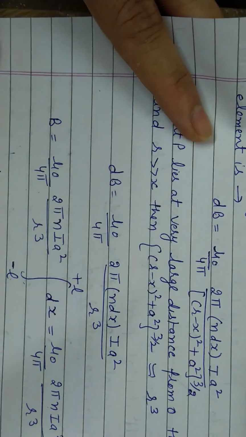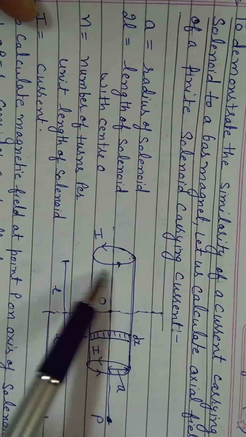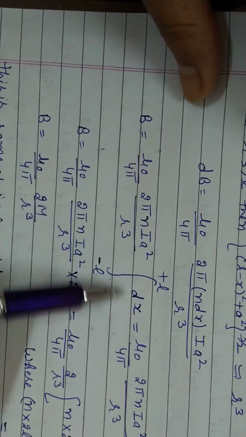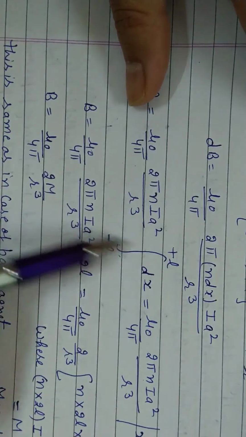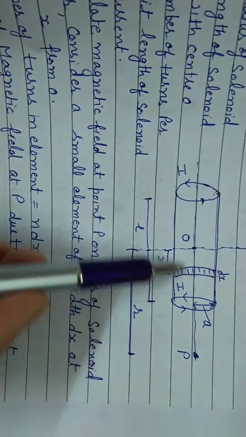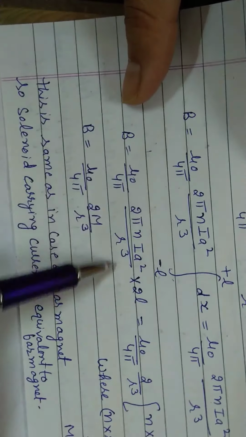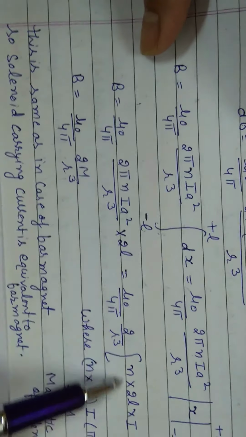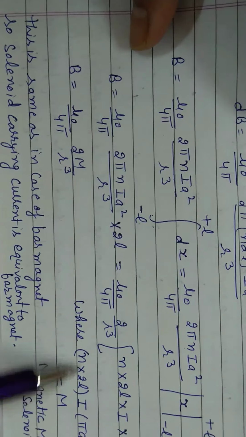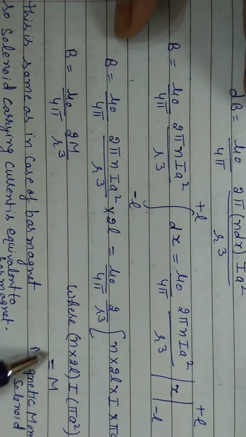Now we have to integrate to find the net field. We integrate over all the small elements, with the limits from negative to positive. The integral of dx is x, from negative l to positive l, because towards the right we take the positive limit and towards the left the negative limit. Now rearranging these terms, n into 2l is the number of turns per unit length times the whole length 2l of the solenoid, times the current I and the area pi a square, and this becomes the magnetic dipole moment.